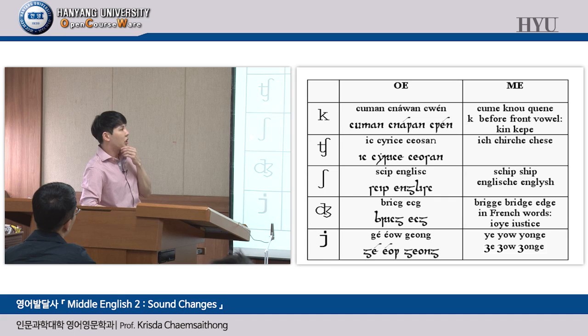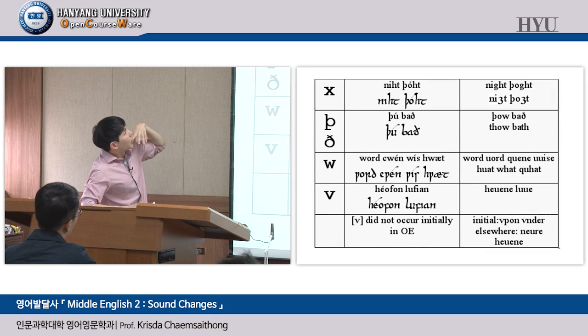And then the hook, SC in Old English came to be spelled as SC or SH in Middle English, right? And then you have other symbols. This one is represented by GH, right? And the thorn and the eth, TH in Middle English, right?